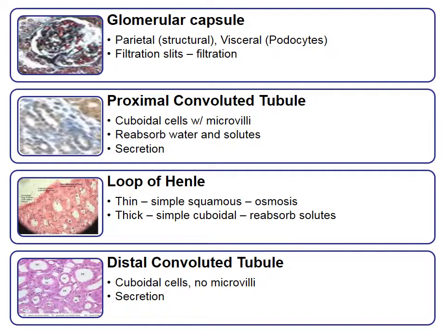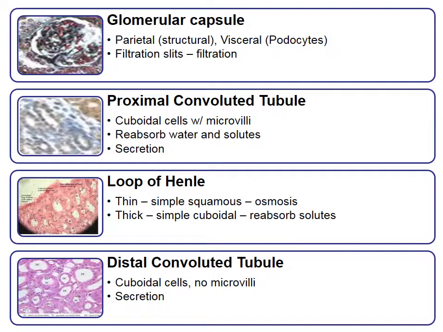The loop of Henle has two limbs. The thin segment is simple squamous and performs osmosis, but the thick segment is simple cuboidal. That portion reabsorbs solutes to create an osmotic gradient. The distal convoluted tubule is simple cuboidal cells with no microvilli.